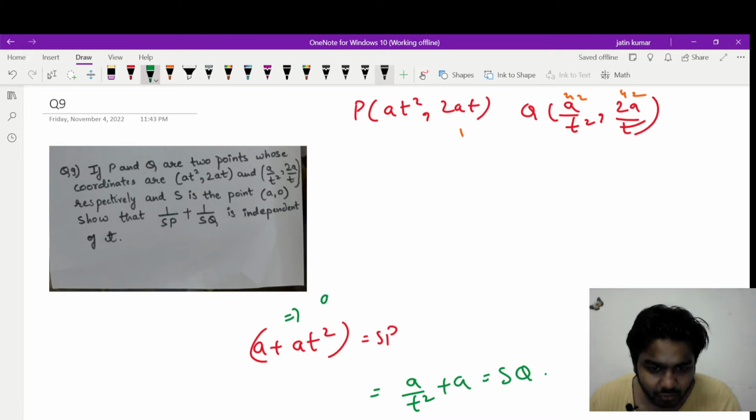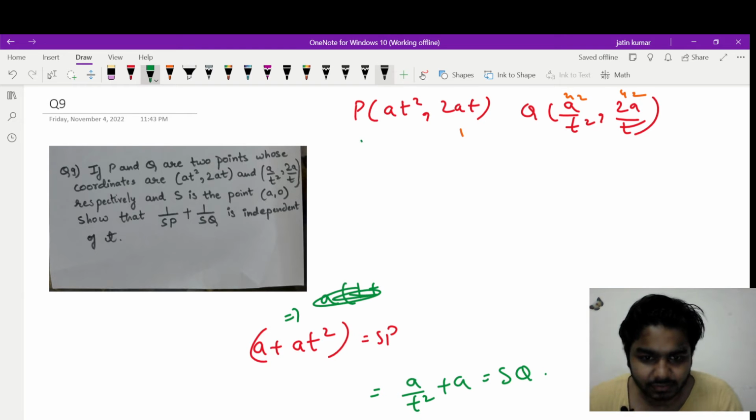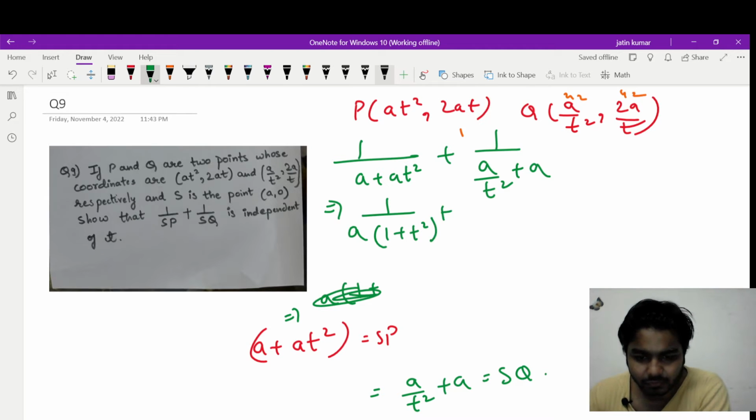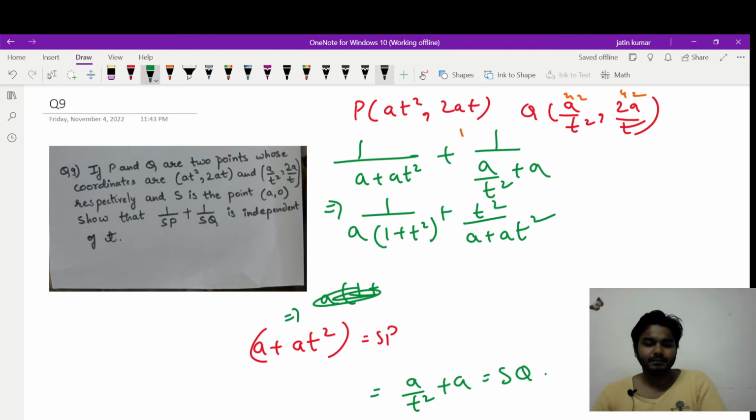Can we take a common? So we are left with 1 upon a plus at square plus 1 upon a by t square plus a, okay. We have put the values. Now let's take a common. If we take a common, we are left with 1 upon 1 plus t square, and from here if we take the LCM, so t square plus a plus at square, right.